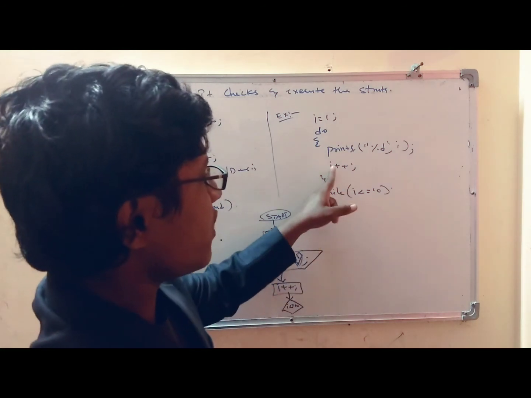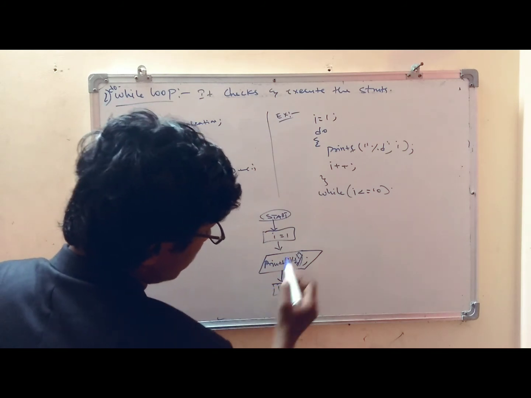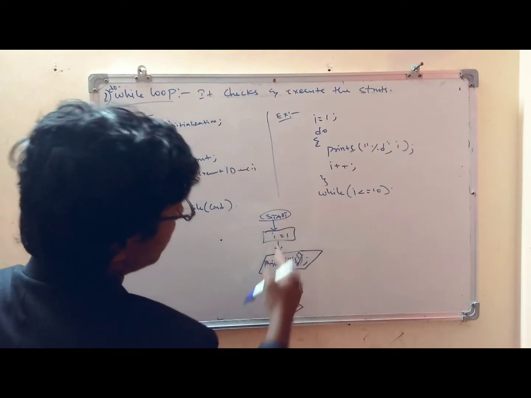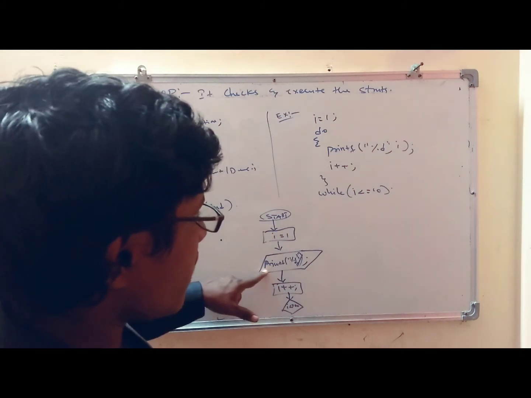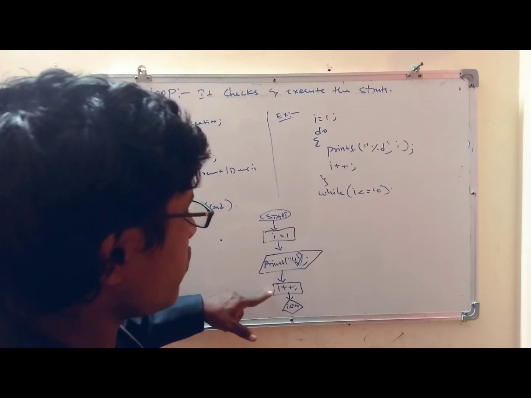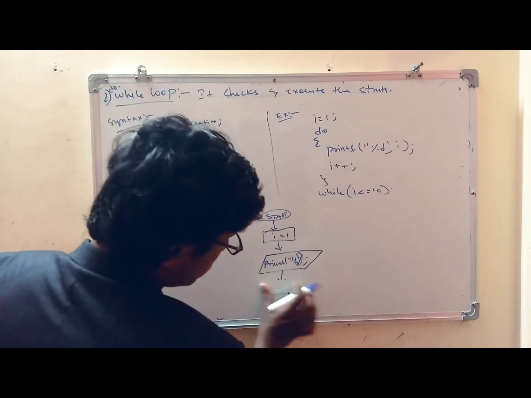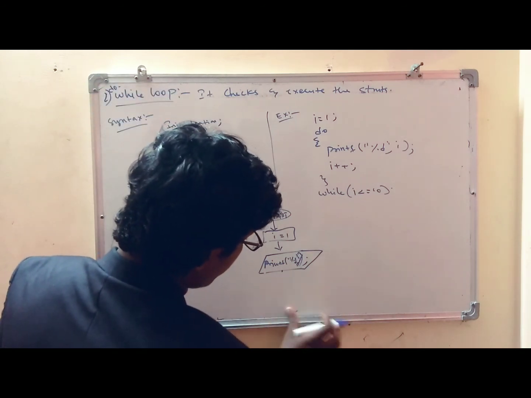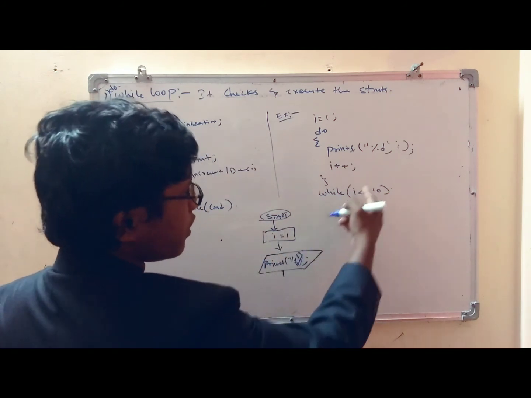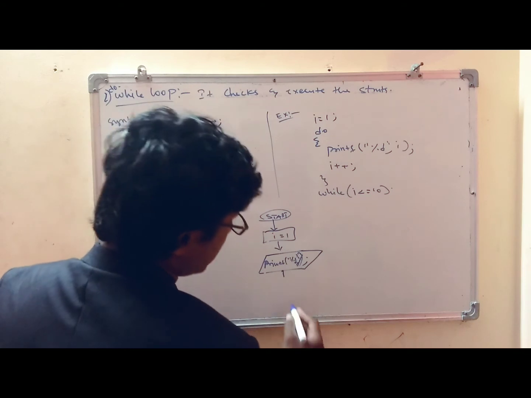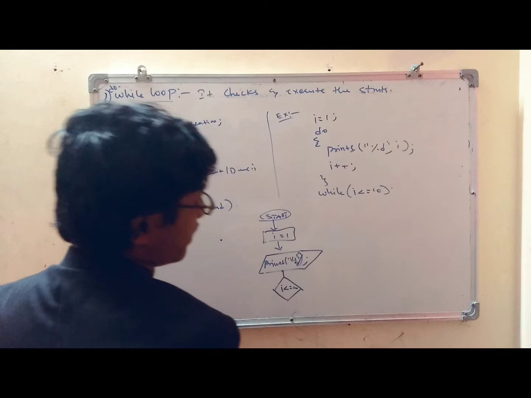After incrementation, it will go to start. Directly I will start, and after initialization it will print. Okay, and again it will go to increment, and it will check. Like you see, start i = 1, printf, and after that it will check the condition, that is while i <= 10.